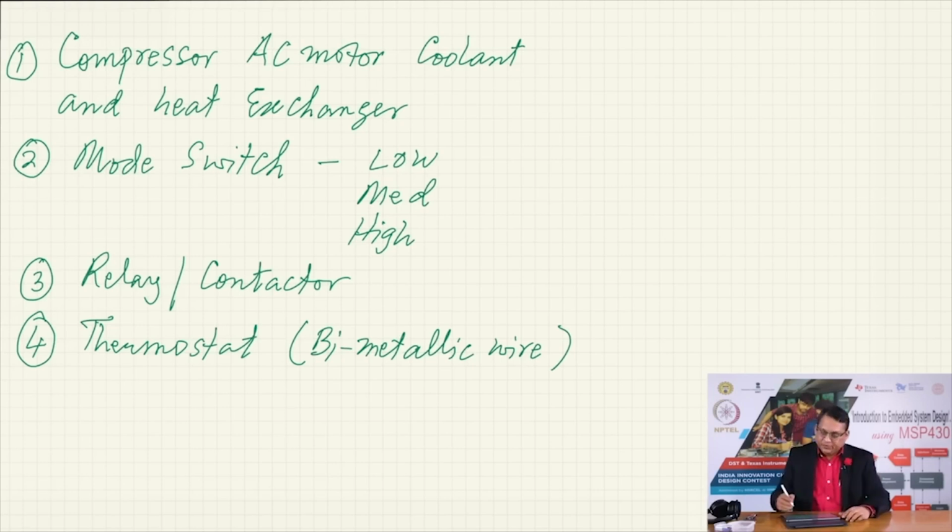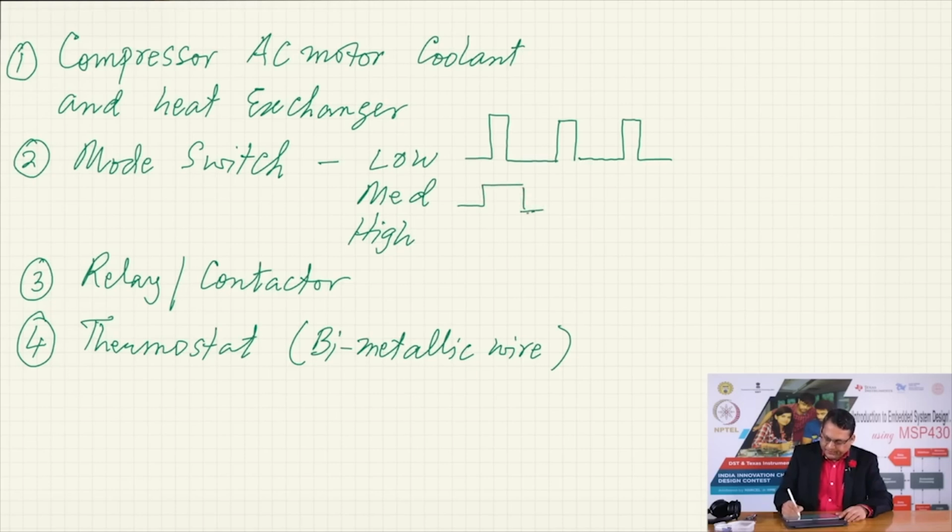In low cooling, the compressor would be on for a small period of time and it would turn off, and then after some time it would turn on again, and then it would turn off, on and so on. Now, of course, if the thermostat indicated that the temperature that the user desired has been reached, it would turn the compressor on earlier. In the medium mode, it would turn the compressor on for a longer duration of time and so on, so that you could get higher cooling.